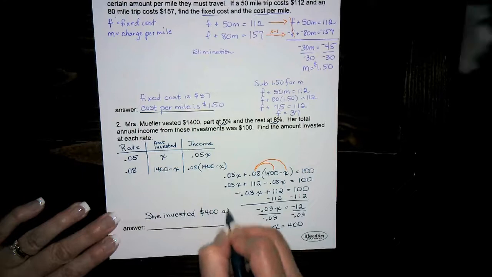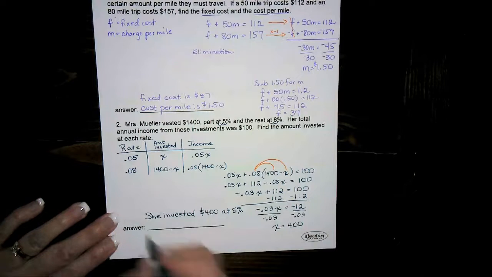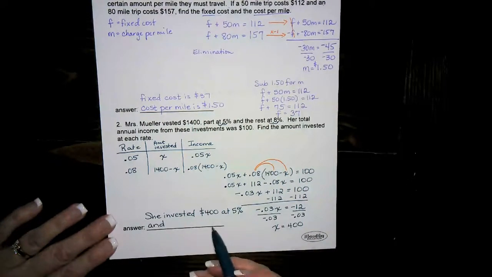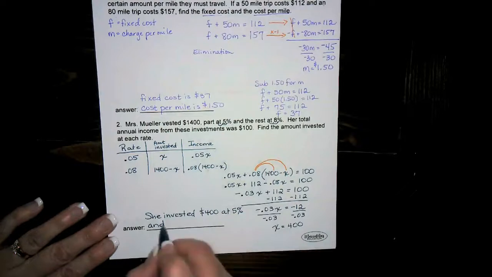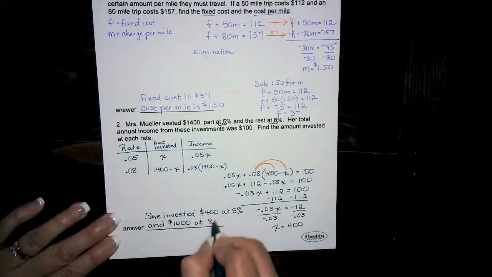And let's think about then, what did she invest at the 8%? Well, remember, she invested $1,400 total. So if she invested $400, she must have invested $1,000 at the 8% level.